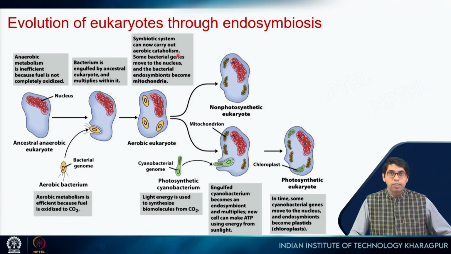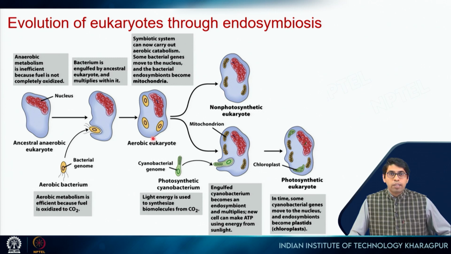So some bacterial genes move to the nucleus, and the bacterial endosymbionts become mitochondria. They lose some of their genes, but they do still keep some of the DNA, so there is mitochondrial DNA. These bacteria ultimately become mitochondria. So this is the modern non-photosynthetic eukaryote, and it has mitochondria.